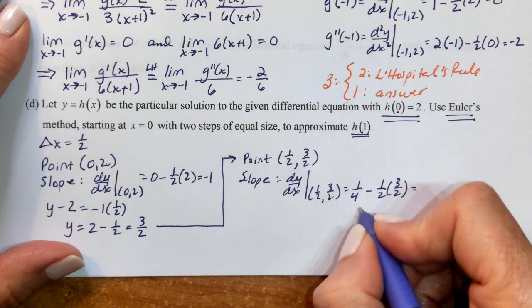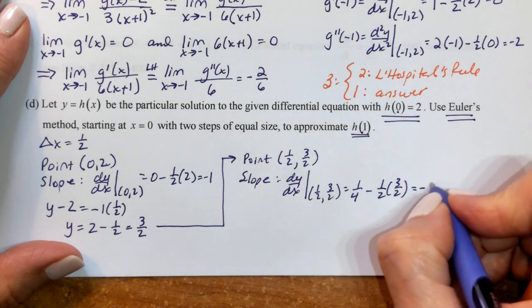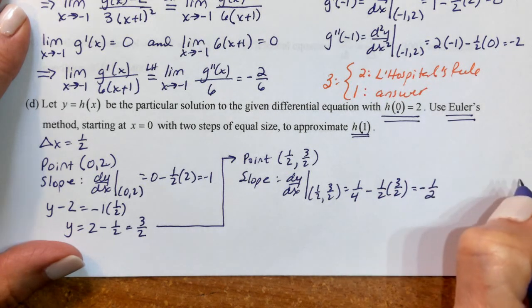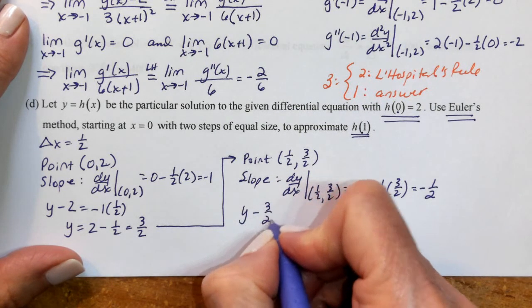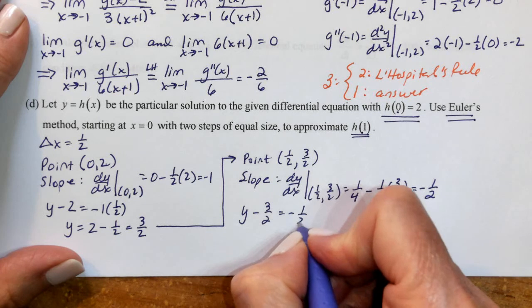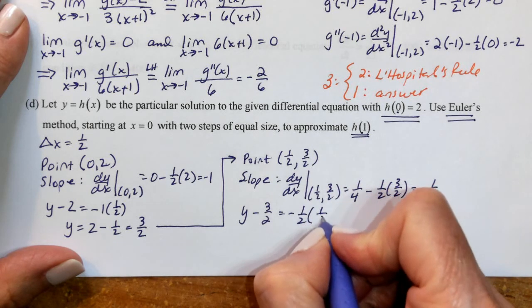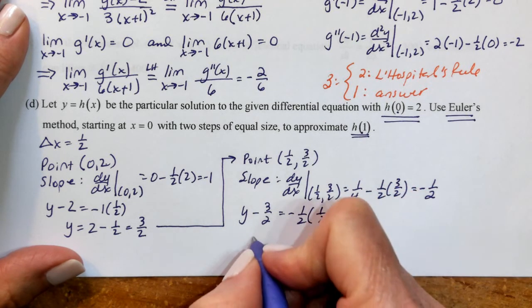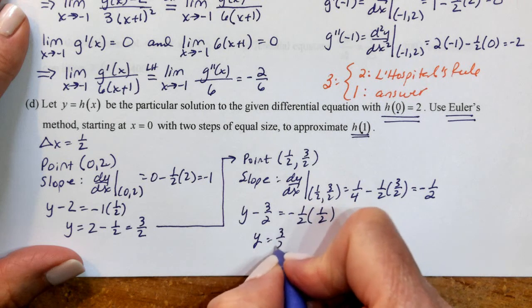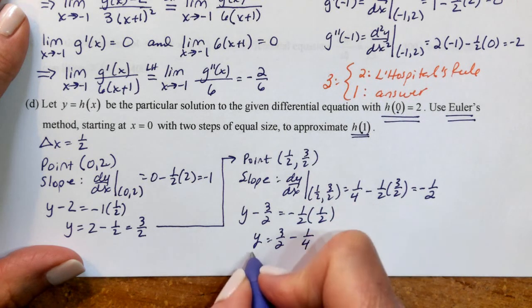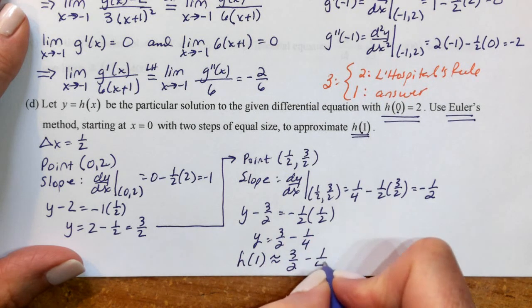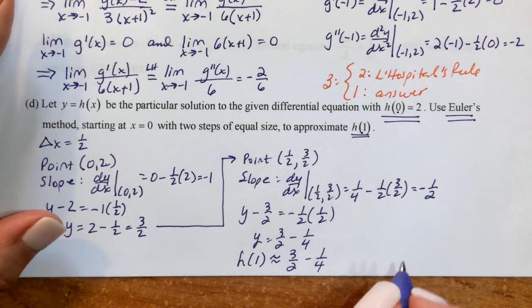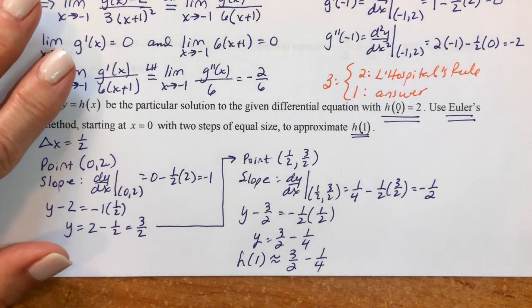So that is 1/4 minus 3/4, so negative 2/4, which is negative 1/2. y minus the y value is equal to my new slope times my delta x. So y will be 3/2 minus 1/4. So h at 1 is approximately 3/2 minus 1/4, or 5/4.